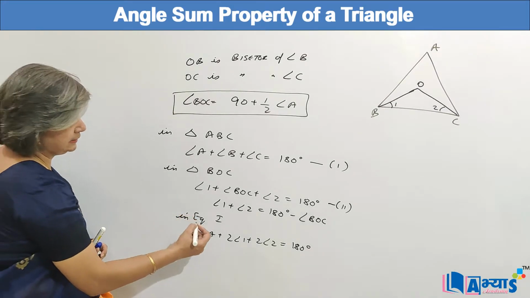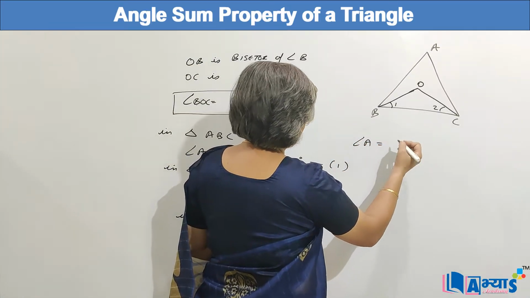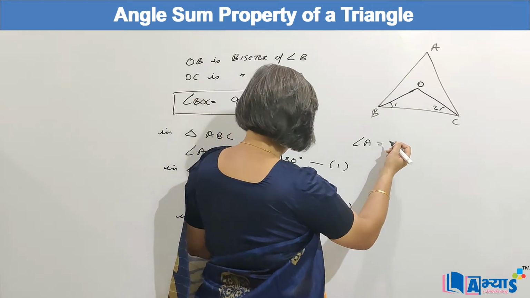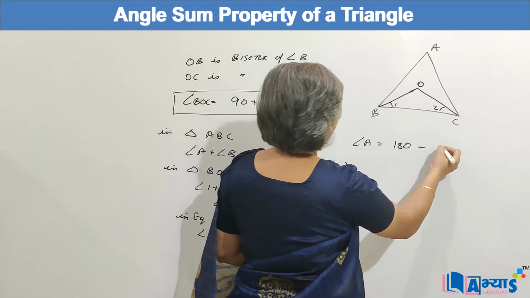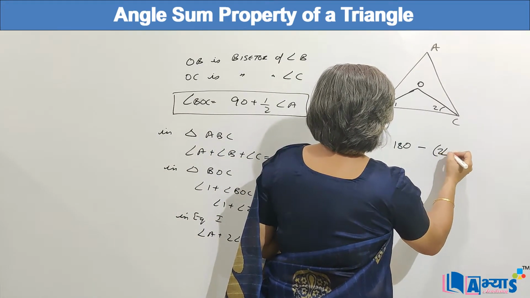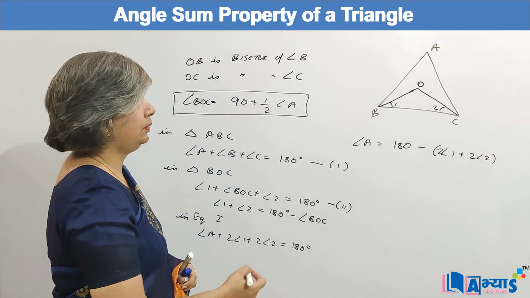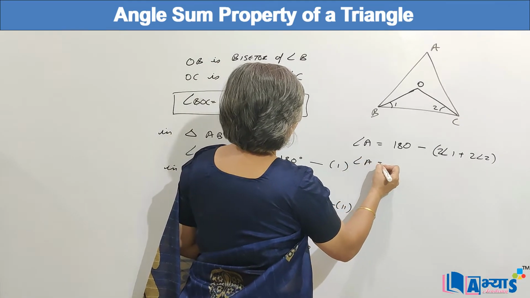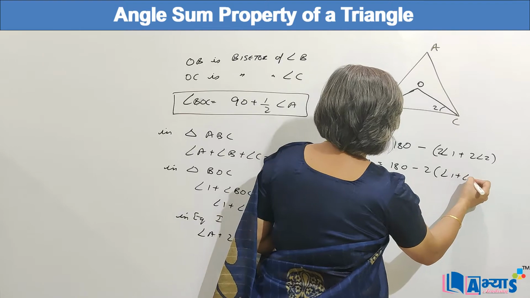So we can say that angle A is equal to 180 minus 2 times angle 1 plus 2 times angle 2. Or we can say that angle A is equal to 180 minus 2 times angle 1 plus angle 2.